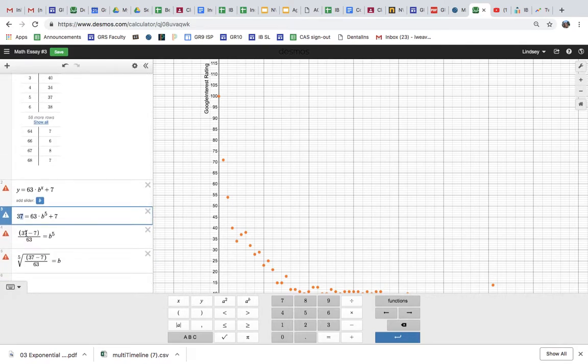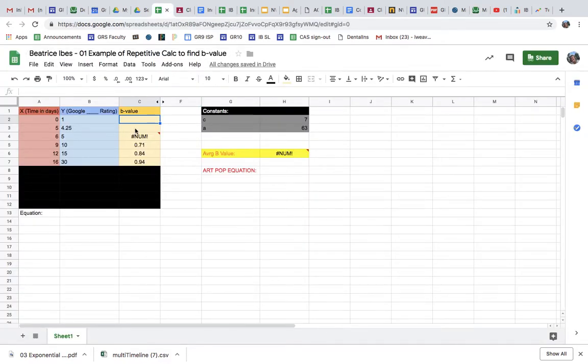I started with my y value and I subtracted the c value. I subtracted 7 on both sides, so I'm going to program that in. So this is going to be equals the y value minus our c value. And then we divided it by the a value of 63.